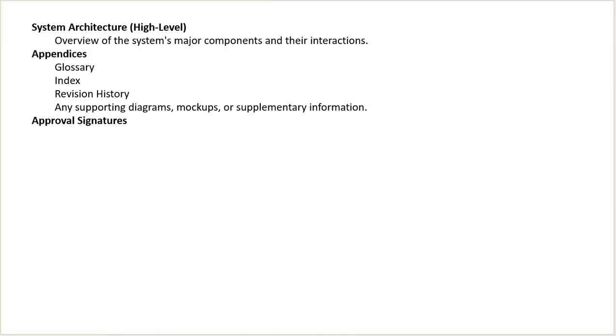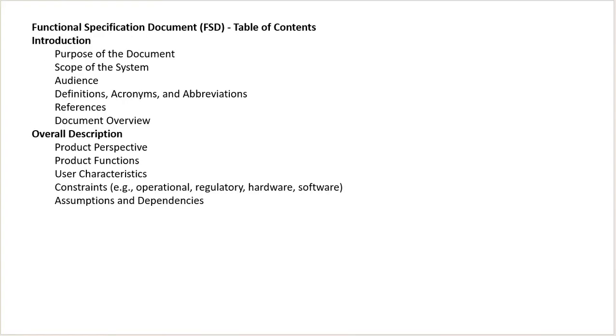Let's discuss each item in detail. In the introduction we write the purpose of the document, why we are creating it and what goal we are going to solve. Then the scope of the system, what the in-scope and out-of-scope functionality are.